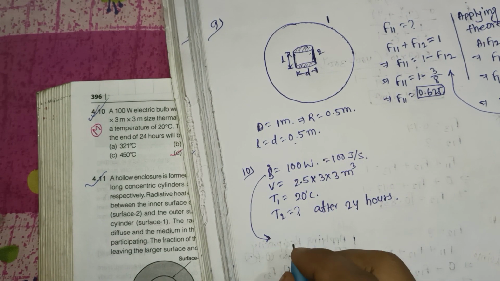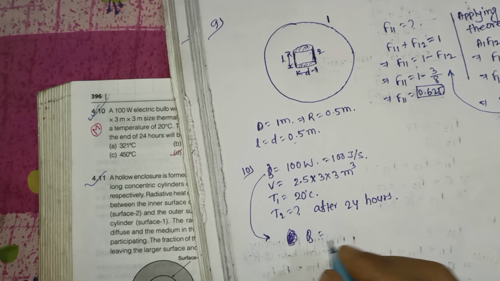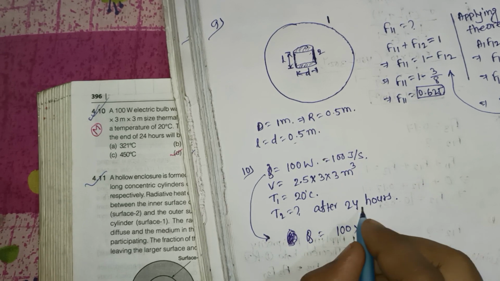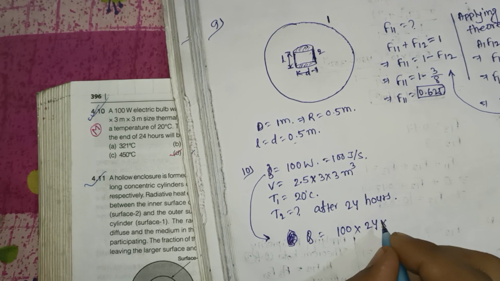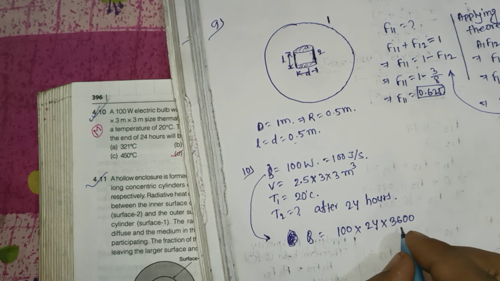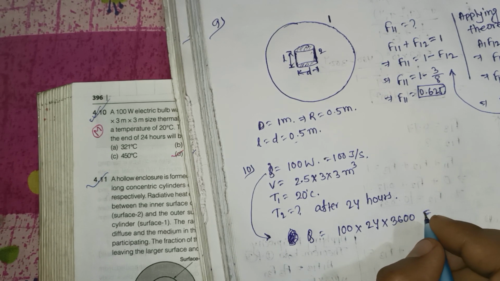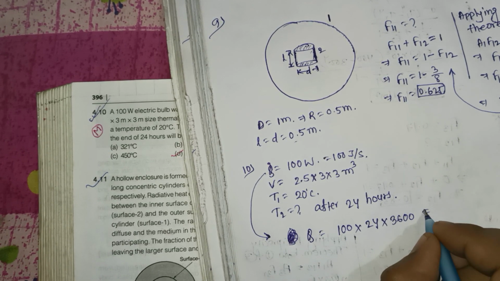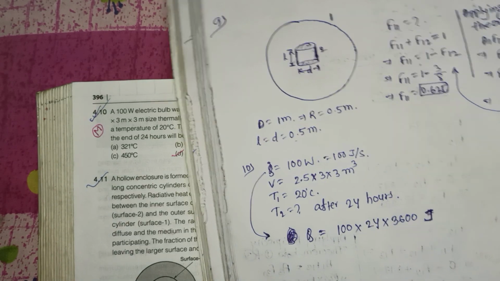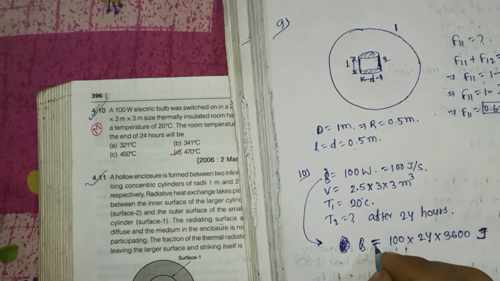So the total heat transfer equals 100 into 24 into 3600, because 1 hour is equal to 3600 seconds. The total heat will be in joules, the heat transferred by the electric bulb.